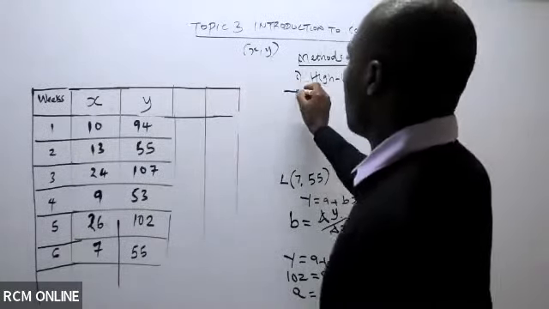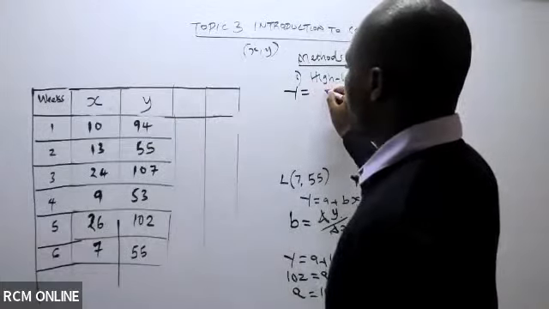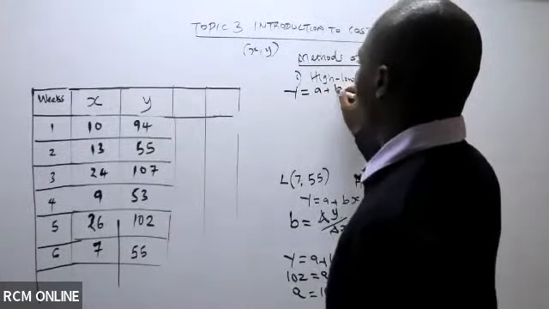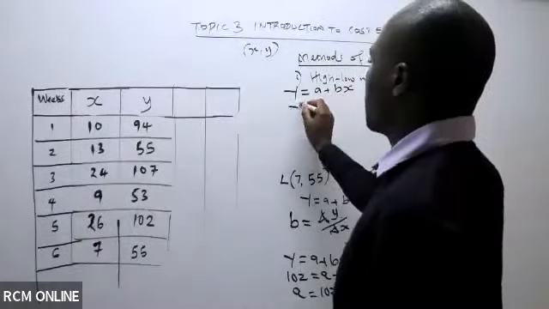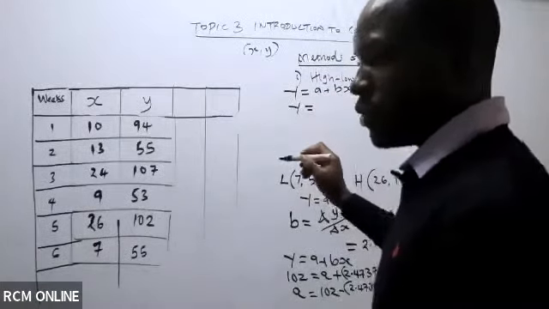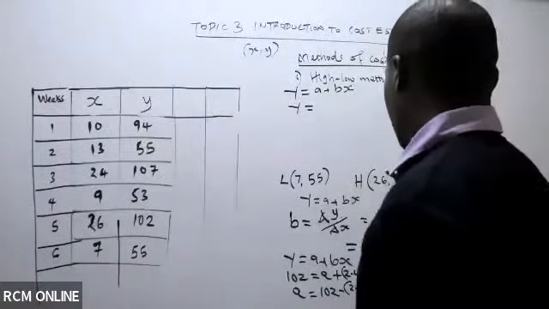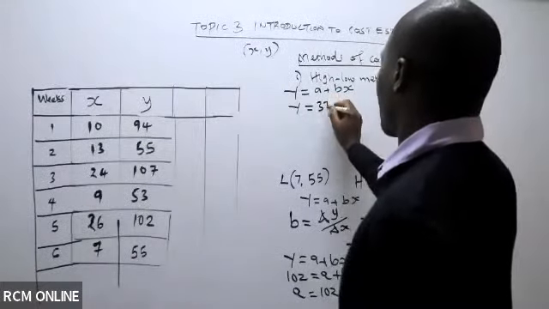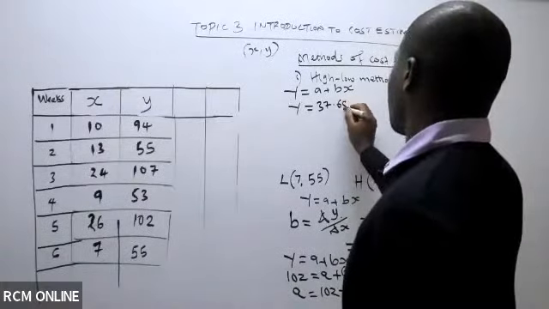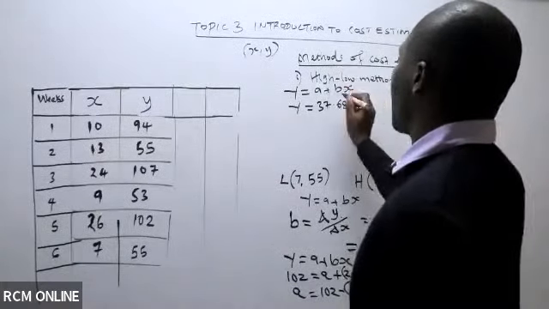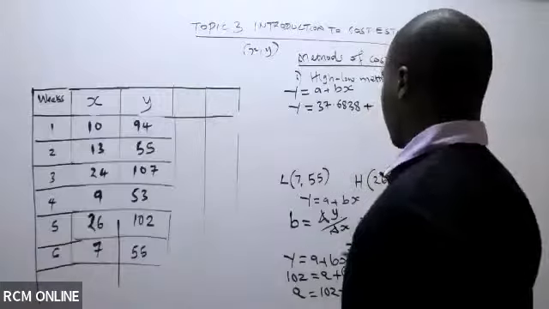We say it is in the form of y equal to a plus bx, right? So do we have a? Our cost function will be y equal to a, so what is the value of a? 37.6838 plus bx.